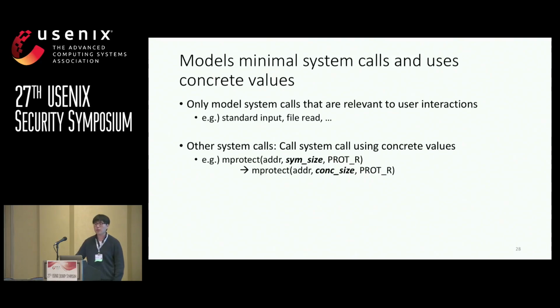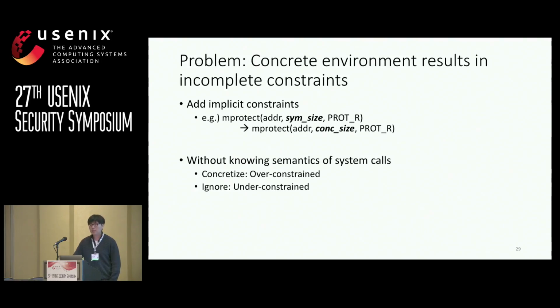For example, if we have mprotect with a symbolic size, then we convert it to a concrete size and call this function. The problem of this concrete environment is that it can result in some incomplete constraints.